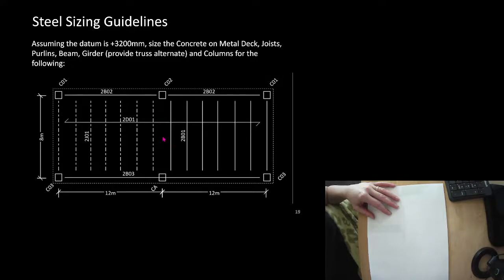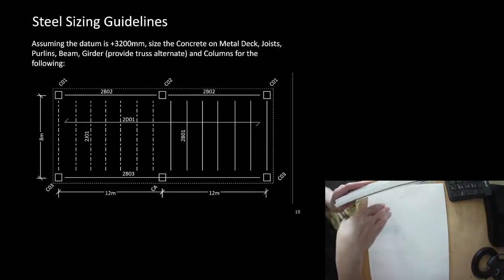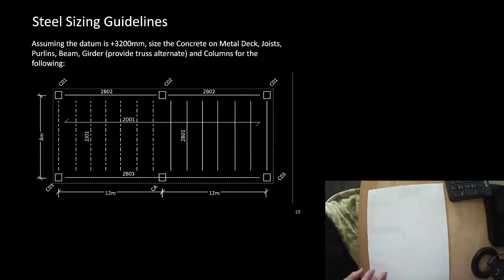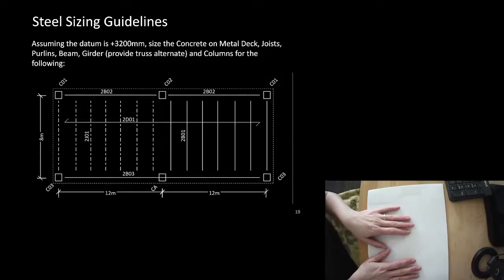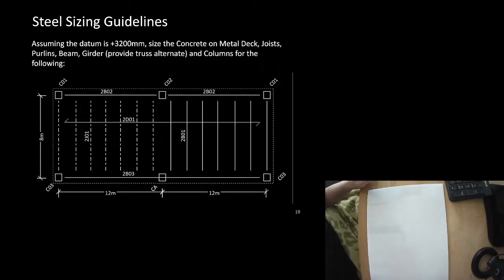Does that mean the deck is 24 meters long? No, it doesn't. If this was our metal deck, remember I said it has multiple supports along its length, even though it comes in one big long sheet. If you looked at those examples we looked at in the past 2 weeks, we could see that it was one big long continuous piece, but it was supported in smaller, shorter segments.